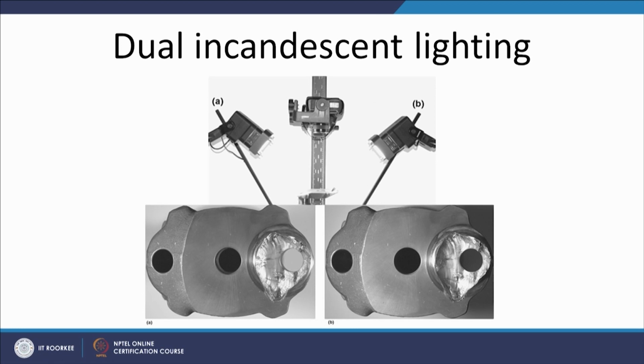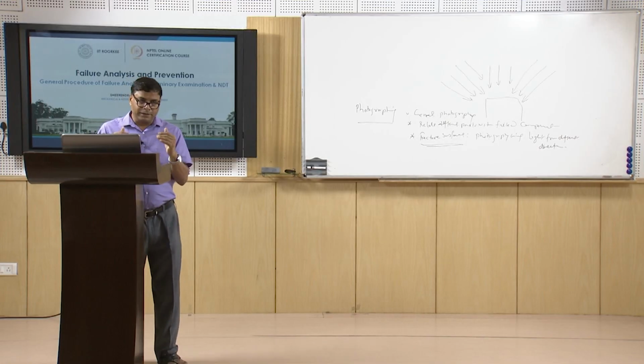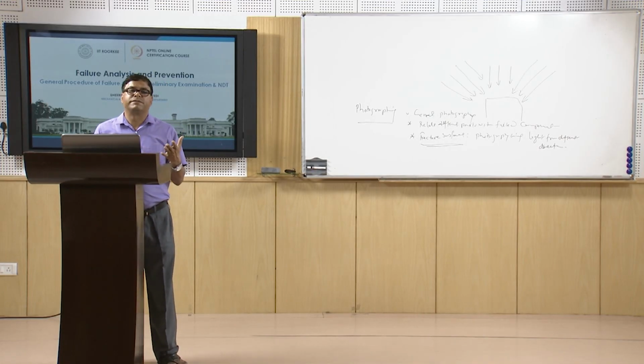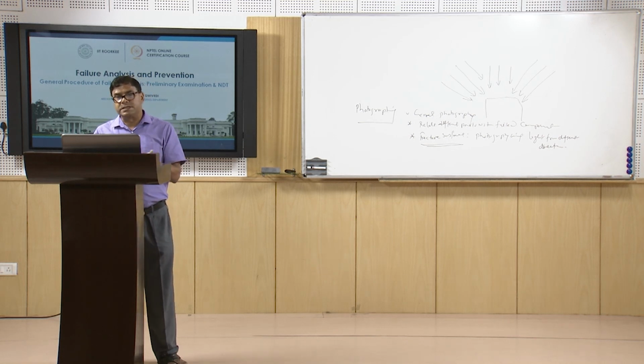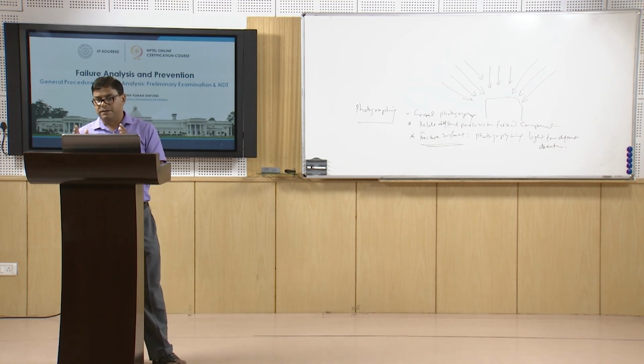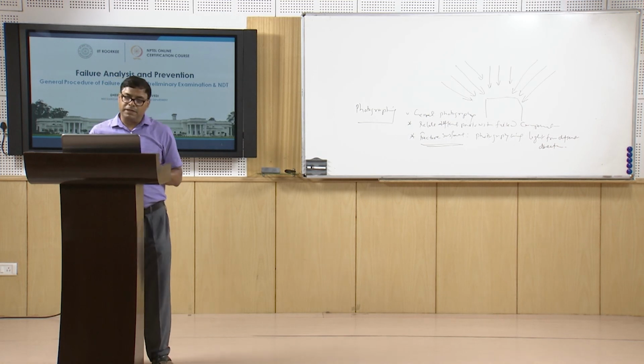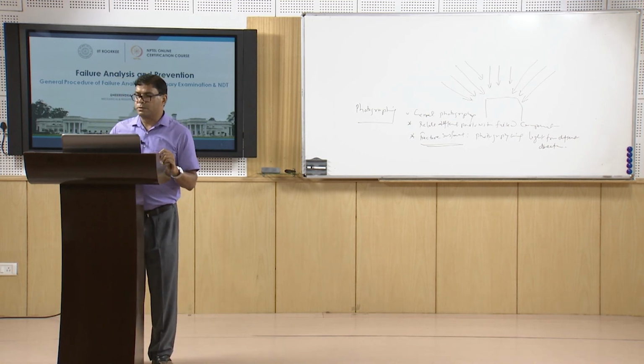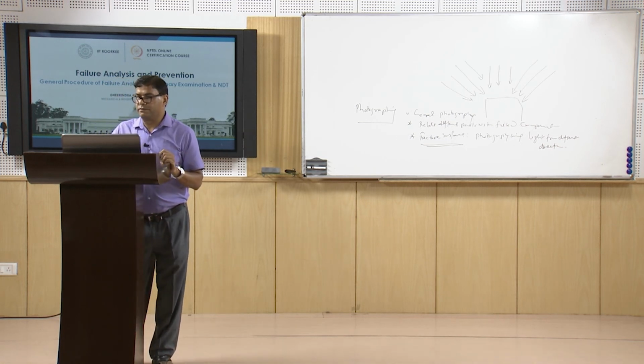When the light is directed on the fracture surface from different directions, it helps to reveal the features in different ways. Which kind of feature is more suggestive about the cause of the failure, the cause of the fracture, that is taken up, and that area of interest is also identified, so that it can be investigated further for the failure analysis.